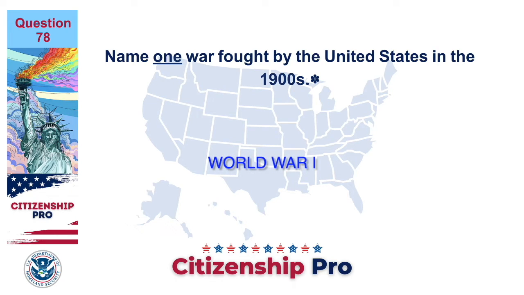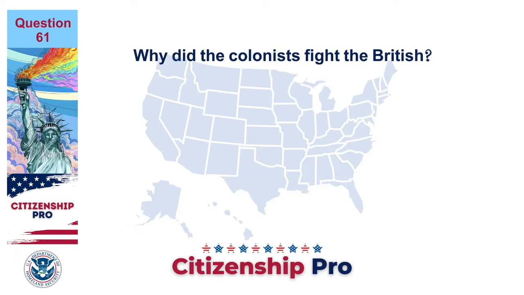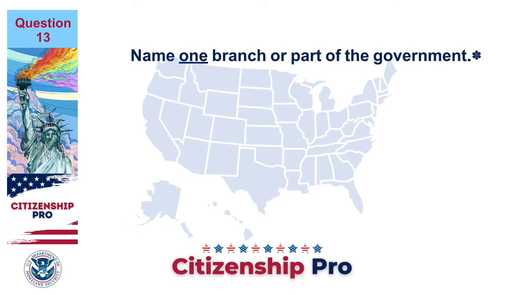World War I. Why did the colonists fight the British? Because of high taxes. Name one branch or part of the government. Congress.